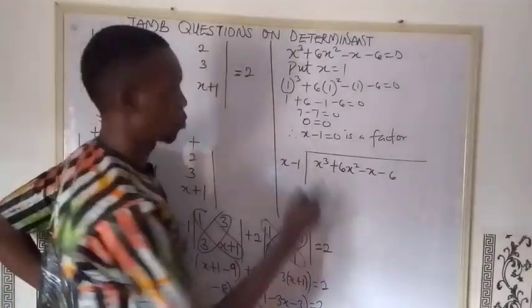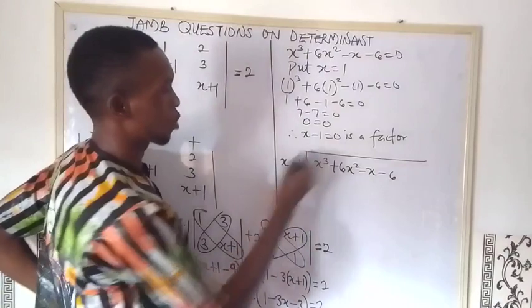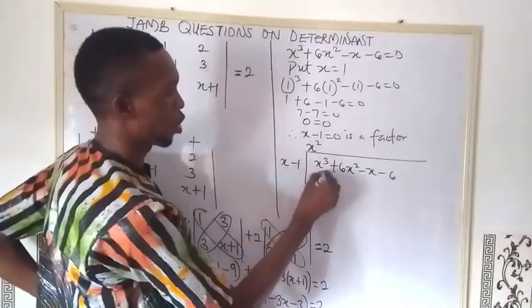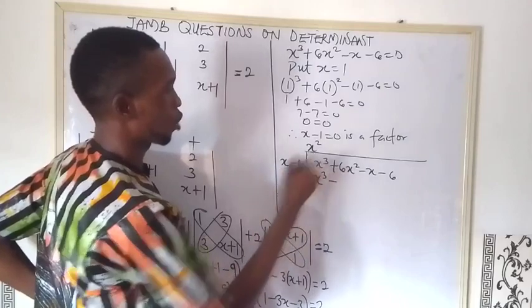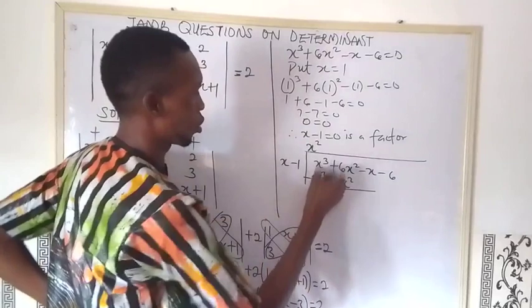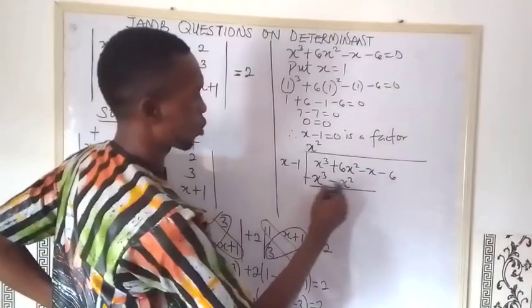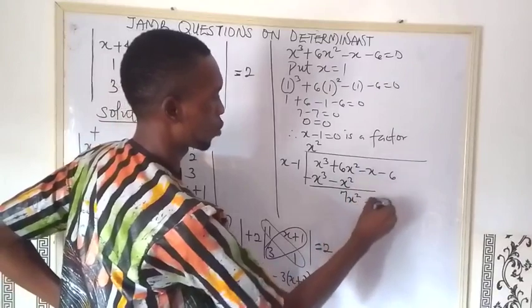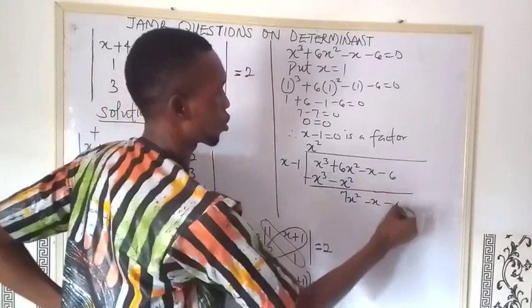Do you know how we do this? You say x raised to power 3 divided by x, you get x squared. So you now say x squared times x, you get x raised to power 3, minus x squared times 1, x squared. Then you subtract it. This will give us 0. 6x squared minus x squared, that is 7x squared. Then you bring this one down, minus x minus 6.